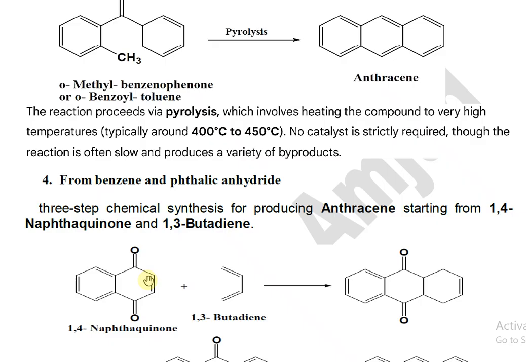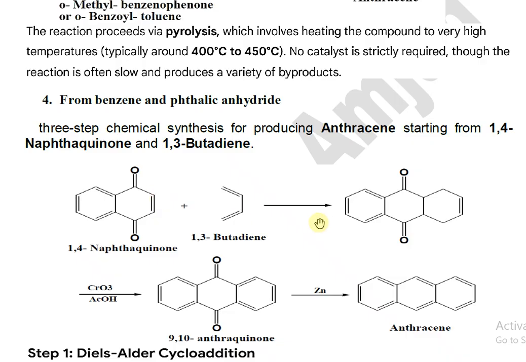If you look at this diene and this alkene, the dienophile, it is clear from this reaction that it is the Diels-Alder reaction. It is a three-step chemical synthesis for producing anthracene, starting from 1,4-naphthoquinone and 1,3-butadiene.